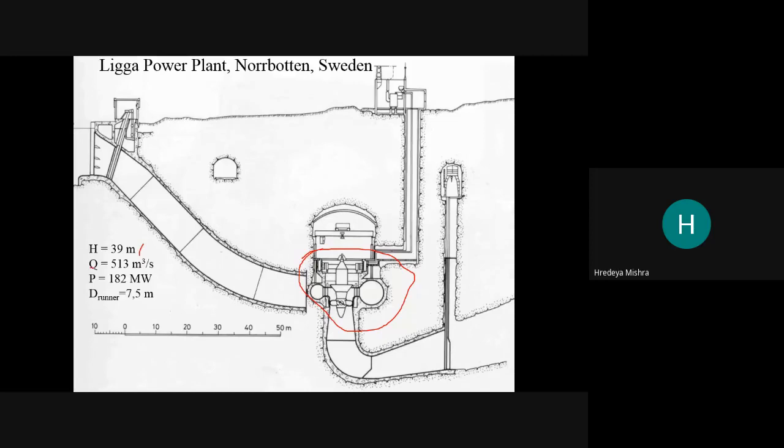Here is the discharge of the water. P is power generation, 182 megawatt, and capital D is the runner diameter, which is 7.5 meters. So this is the specification for the Liga power plant.